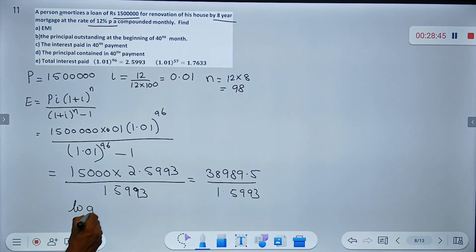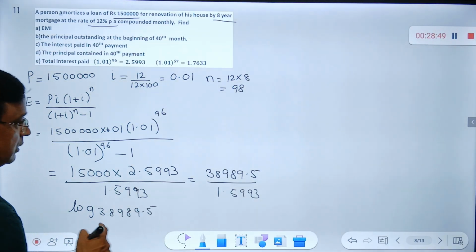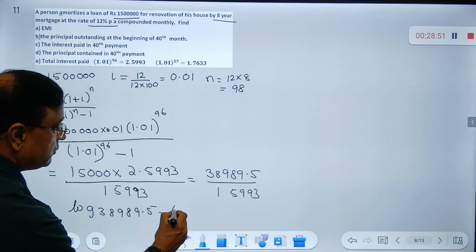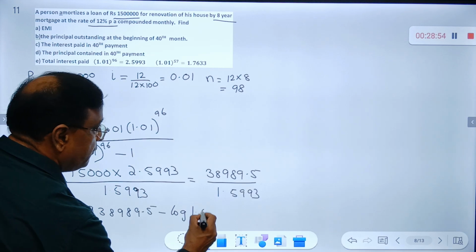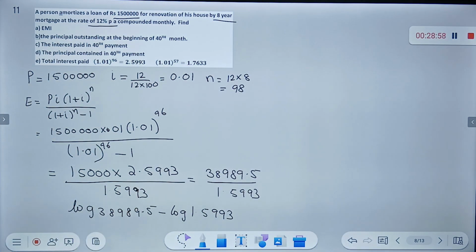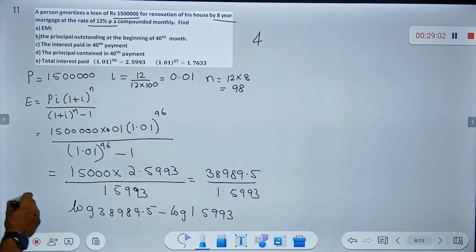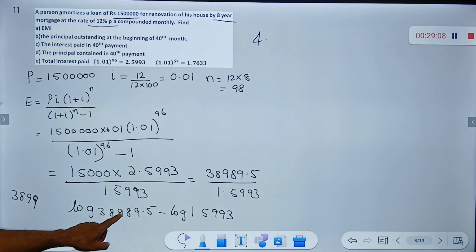Now taking log on both sides, what do I get? This is log of 3899, minus log of 1.5993. Since it is a 4-digit number, the characteristic will be 3. Look at log of 3899, rounded off.